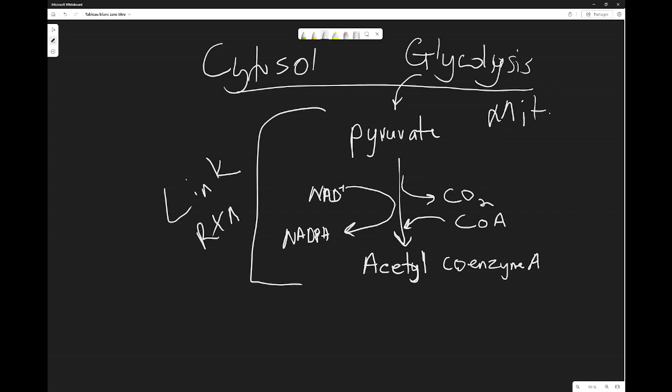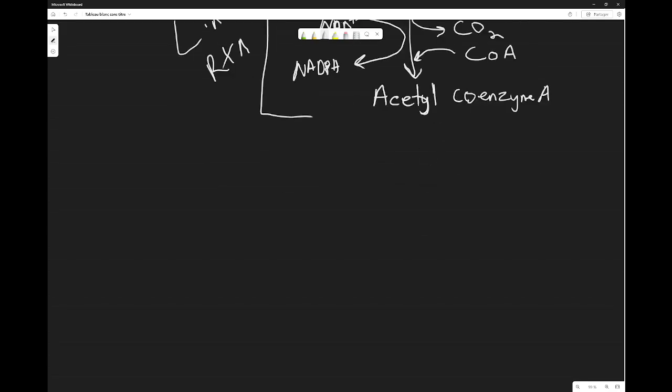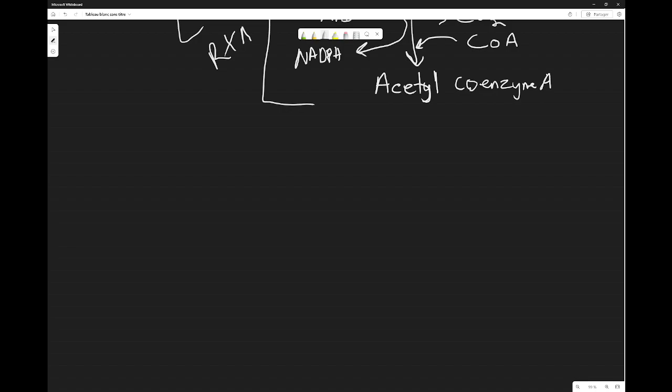Now this acetyl-CoA is going to be introduced into the Krebs cycle, right? After using pyruvate dehydrogenase, right, to really produce what we have here, the acetyl-CoA. Right, now that acetyl coenzyme A, it actually comes into contact with something called oxaloacetate.